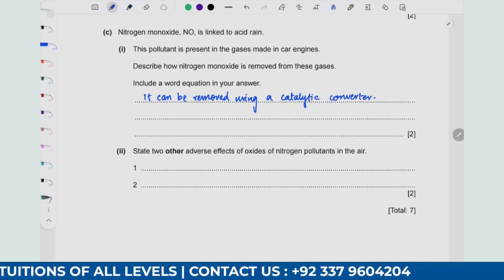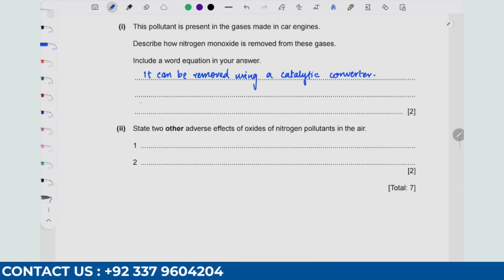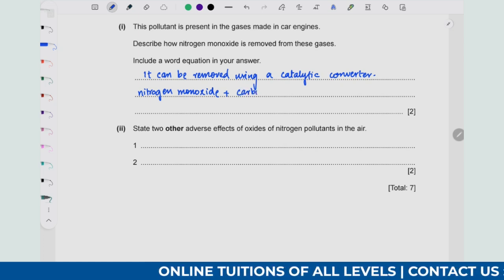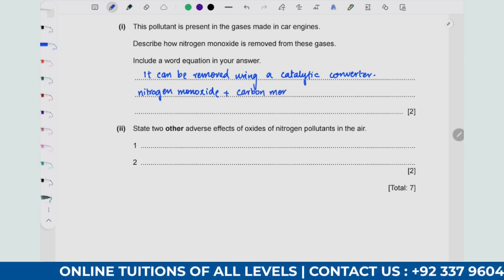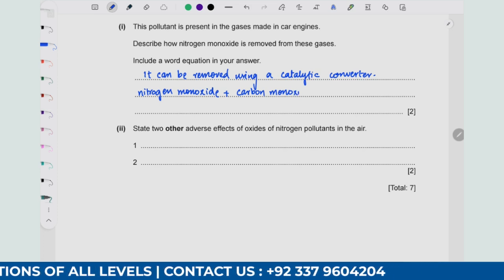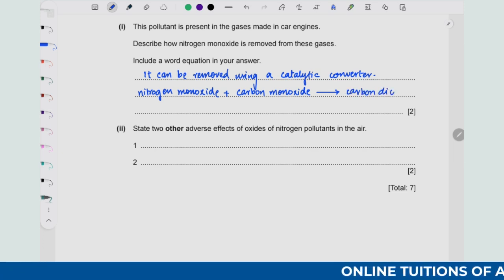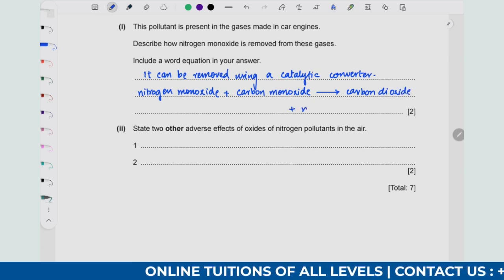And what happens in a catalytic converter? The 2 toxic gases, which are nitrogen monoxide and carbon monoxide, are combined together in this catalytic converter, and they give off carbon dioxide plus nitrogen.